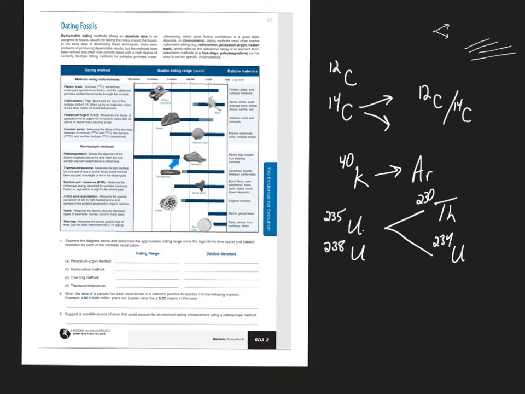Paleomagnetism is good for older rocks, anywhere from 100,000 plus to 100 million years ago. They have to contain iron, though, and this uranium series is good for mollusks, any carbonates.